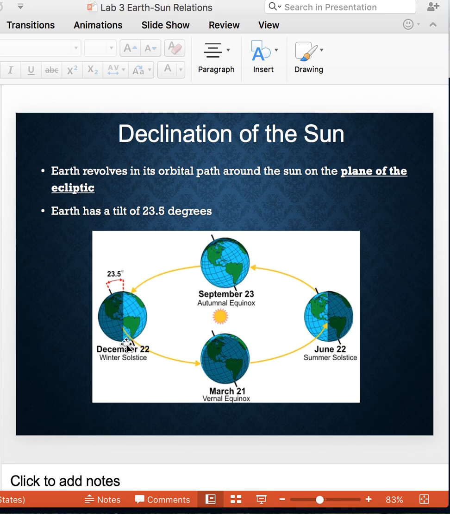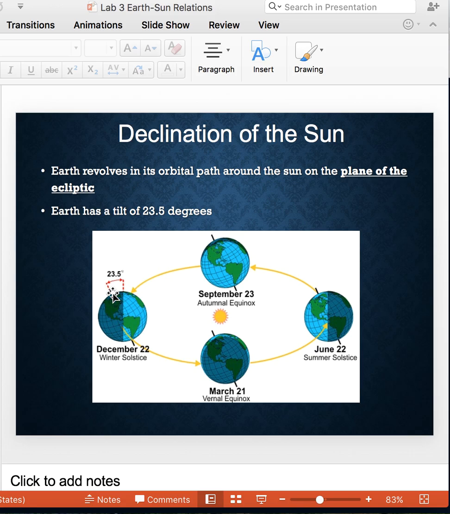If the sun's down here, this area is getting it, versus this area up here, the same number, 66.5 degrees, because it's at 0 degrees, which is the equator. That is going to be 66.5 degrees and above, which will have complete darkness.